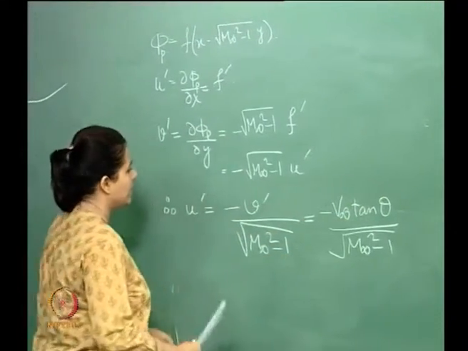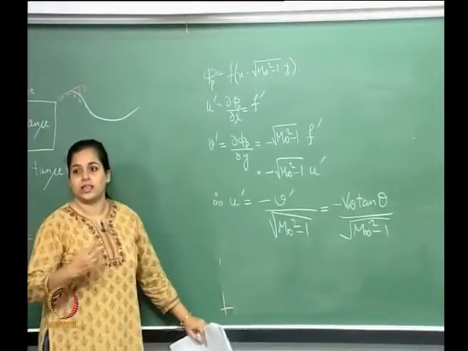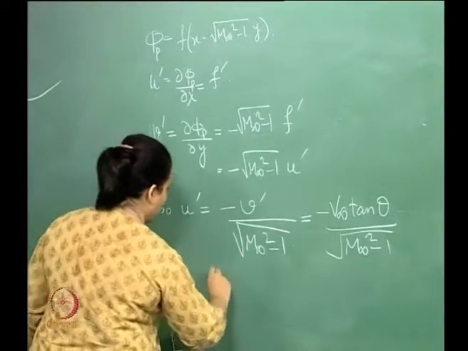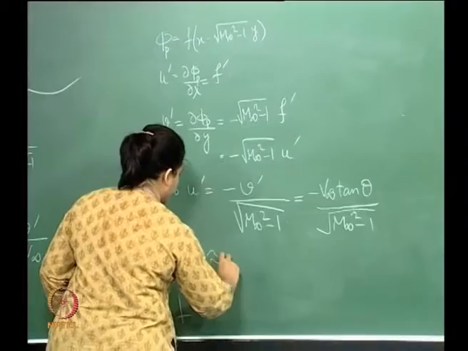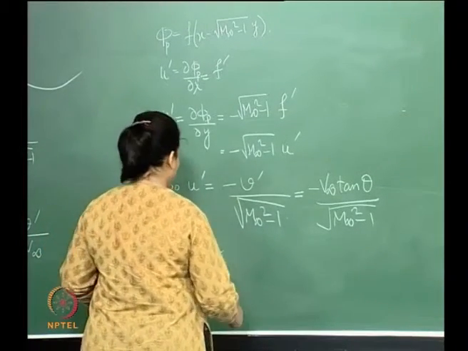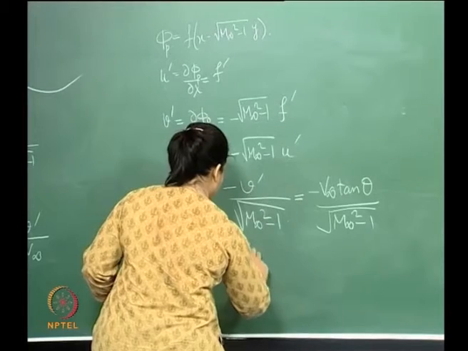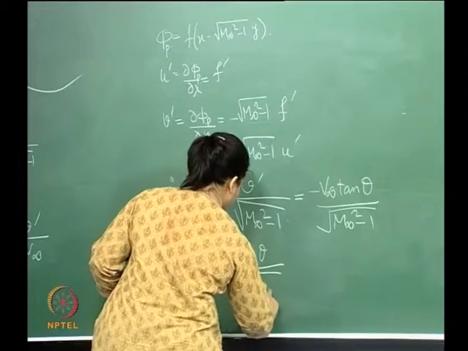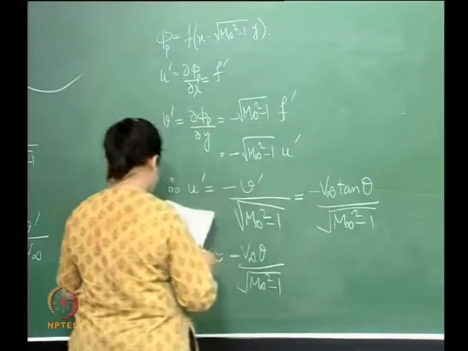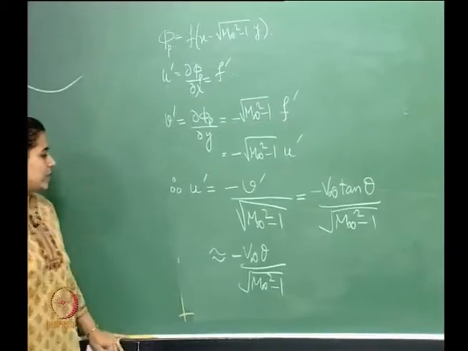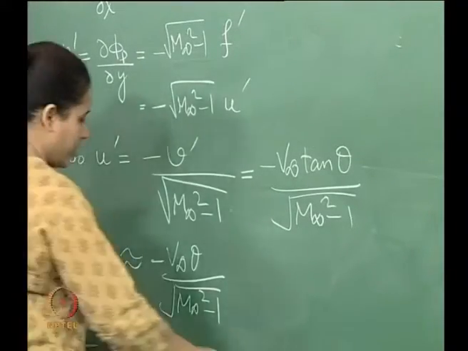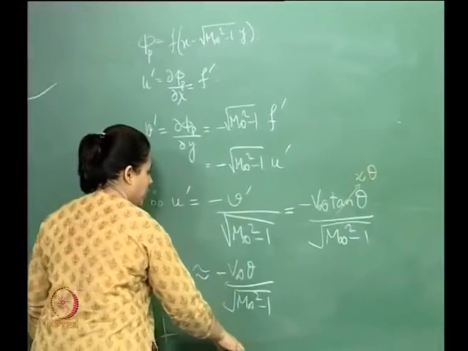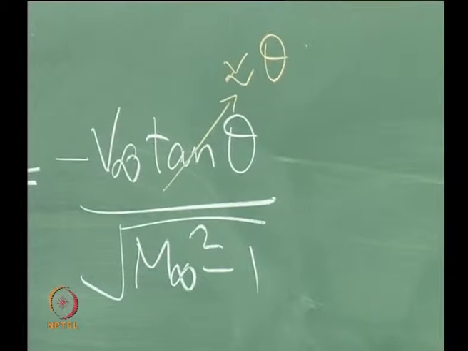Considering that this is again a small perturbation, we can say that this theta is really small. So for small perturbations, I will take it as very small, and therefore I can write it as theta.